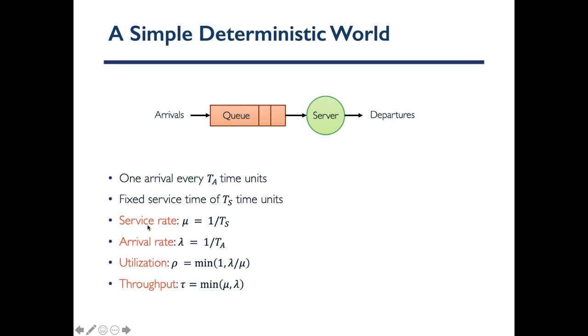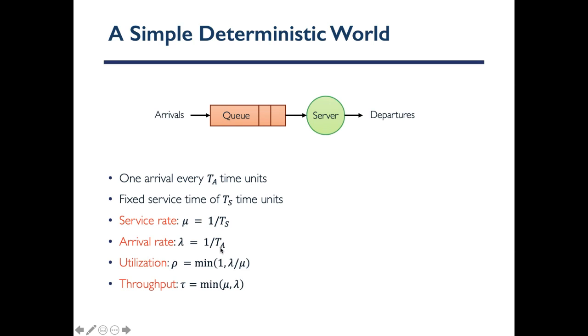So what is the service rate? The service rate is the inverse of service time. If it takes 2 seconds for each request to be served, then our service rate is half a request per second. The arrival rate is likewise the inverse of the inter-arrival time.